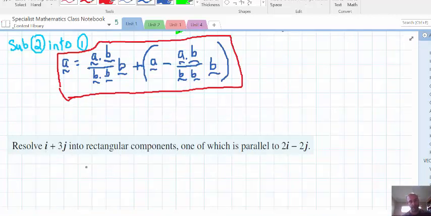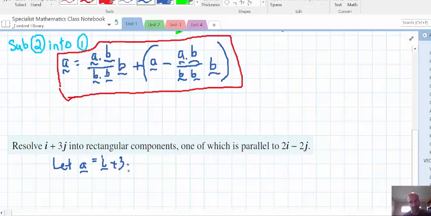Showing this with an example: resolve the given vector i plus 3j into rectangular components, one of which is parallel to another given vector 2i take 2j. So let A equal i plus 3j, and let B equal 2i take 2j.